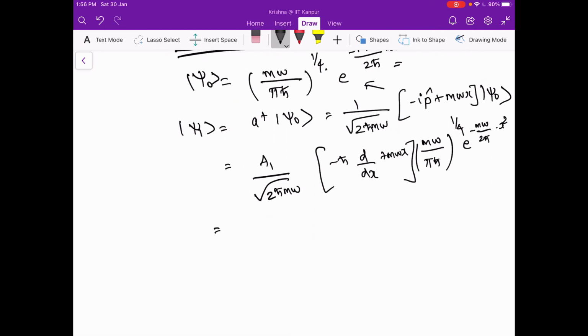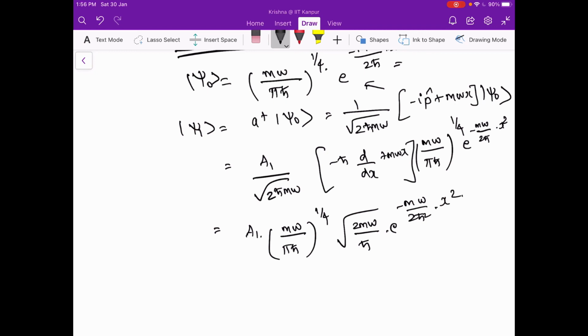And this will turn out to be A1 m omega by pi h bar power 1 by 4 root 2 m omega by h cross e power minus m omega by 2 h bar x square, right?